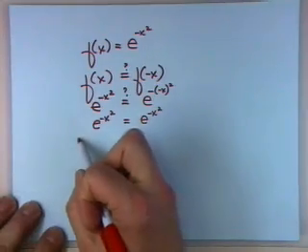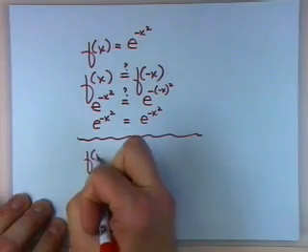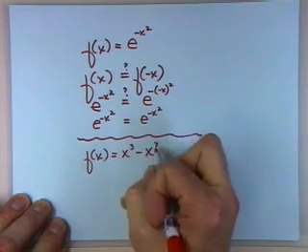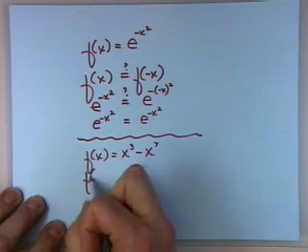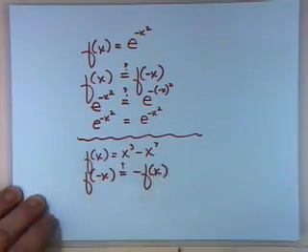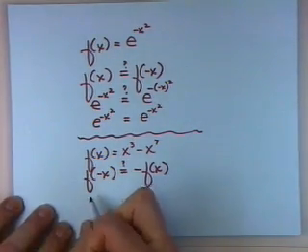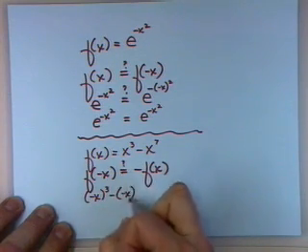Let's get one that is odd. How about the second one there? The indicator there is that both exponents are odd. So is f of negative x the same as the negative of f of x? Well, f of negative x is negative x cubed minus negative x to the 7th.